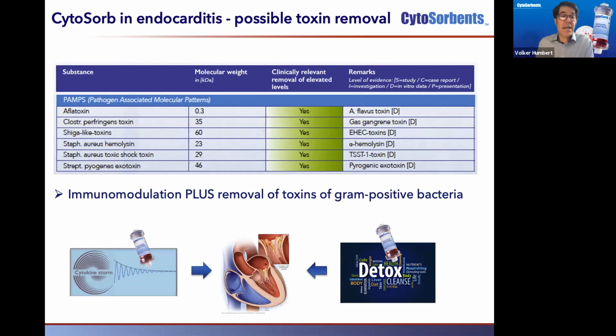On the one hand, as an immunomodulator, plus as a detoxification by removing the toxins of gram-positive bacteria. This has not, of course, been proven in detail, but at least this is a theoretical consideration, which has also been brought up by one or the other author. Let's have a look at what's published in endocarditis.